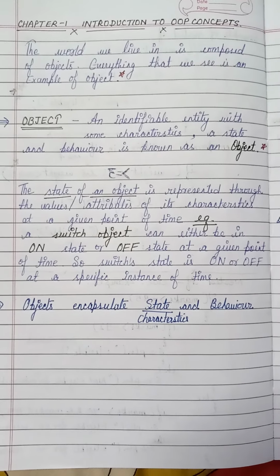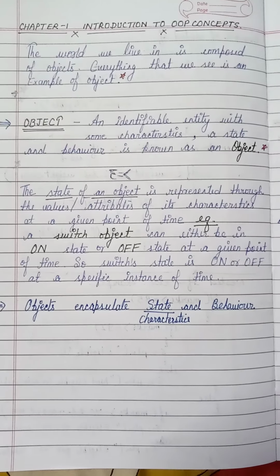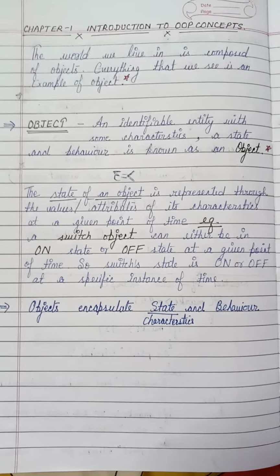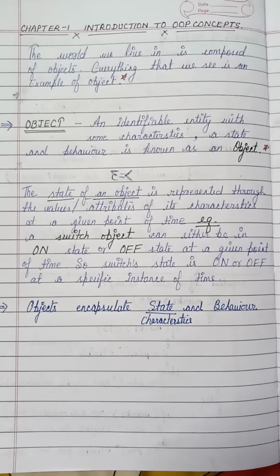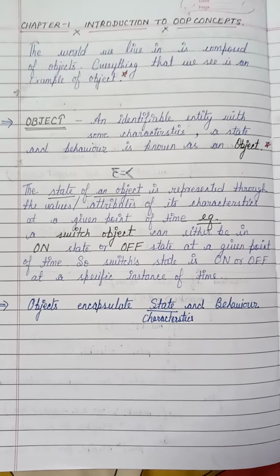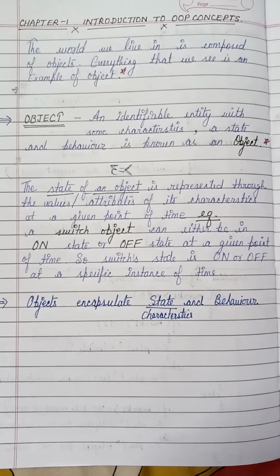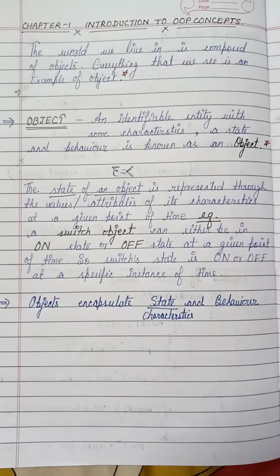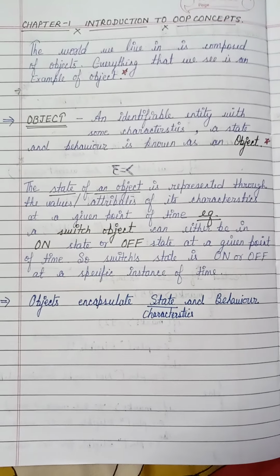So the definition of an object is an identifiable entity with some characteristics, that is data, a state and behavior. Behavior is function. So an identifiable entity with some characteristics, a state and behavior is known as an object.